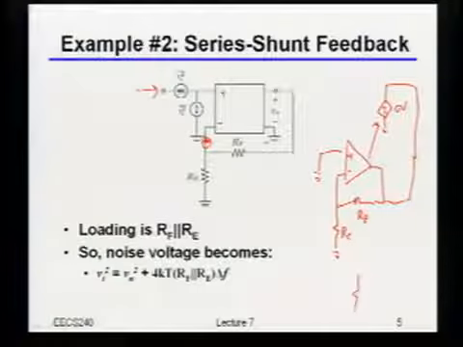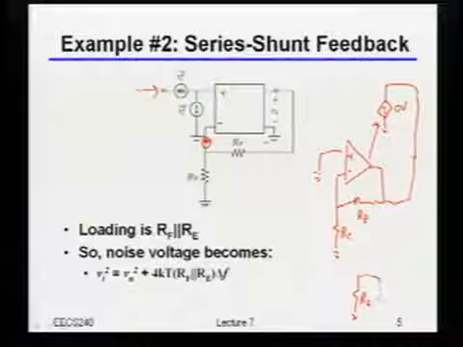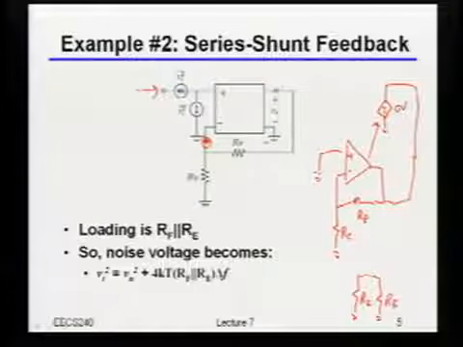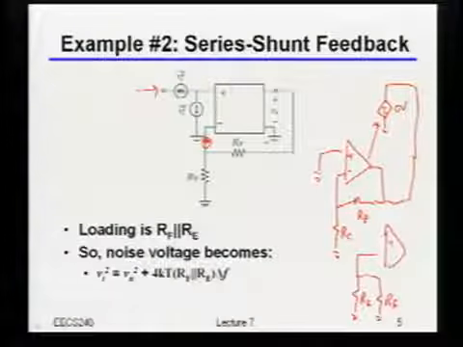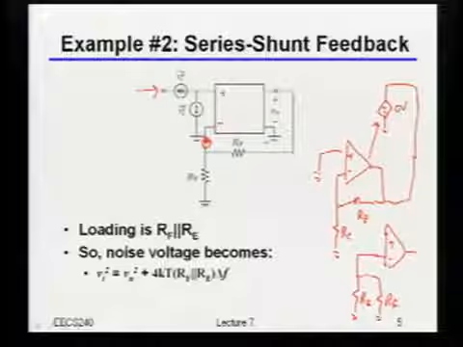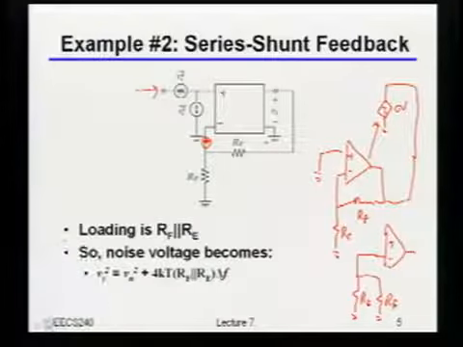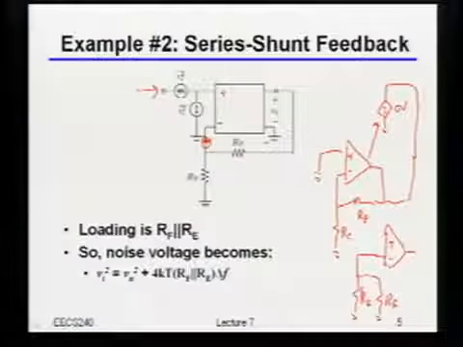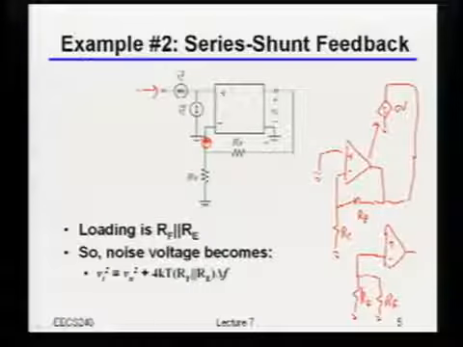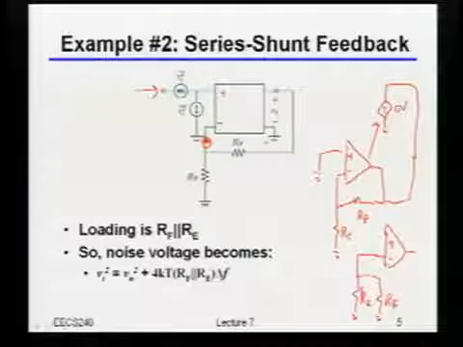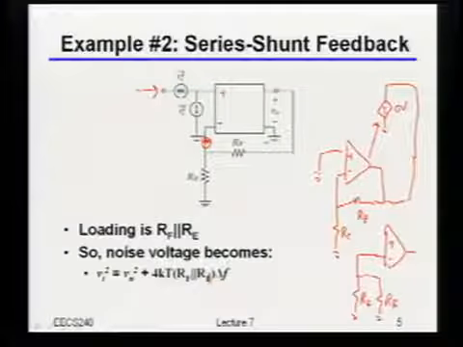So essentially I've just got RE like this and RF like that, driving the negative input of the amplifier, right? So now life is pretty easy, because RE is just in parallel with RF. Then the voltage noise is just 4kT times the parallel effective resistance, which here is RE in parallel with RF, okay?